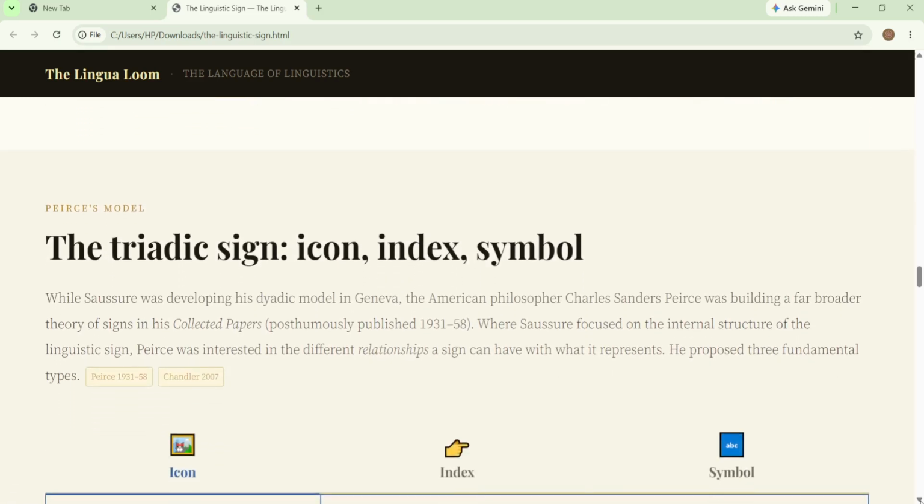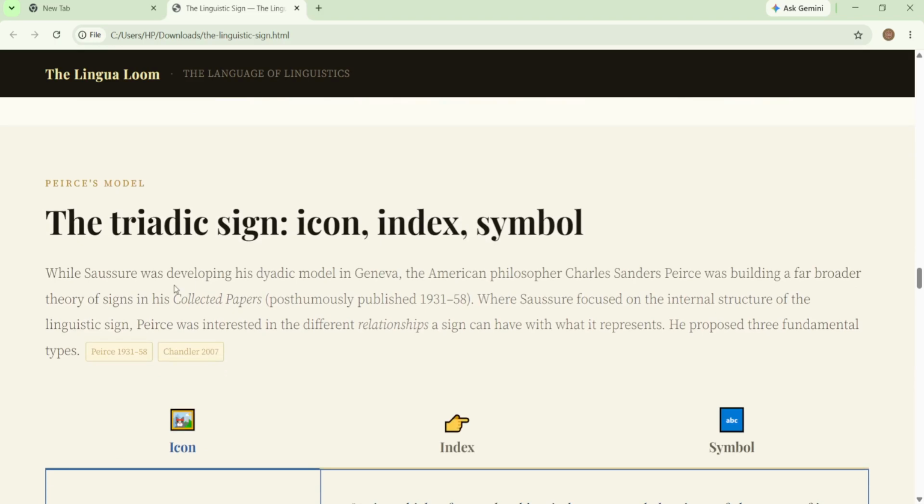So, Peirce's model, the triadic sign: icon, index, and symbol. While Saussure was developing his dyadic model in Geneva, the American philosopher Charles Sanders Peirce was building a far broader theory of signs in his Collected Papers, published posthumously in 1931 to 1958.